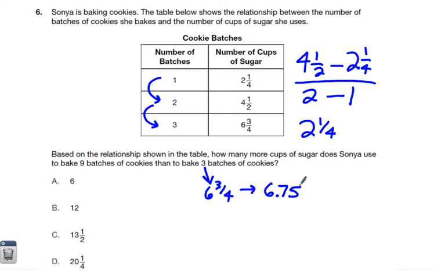If you don't like mixed numbers, you can convert them to decimals pretty easily. There's even calculator functions that do this kind of stuff for you. Ask me about this later if you want to. But as far as the 9 batches, all we have to do is keep this rate going. We keep adding 2 1/4.